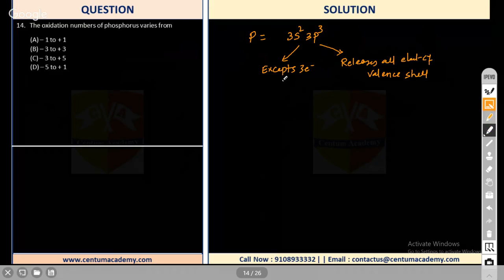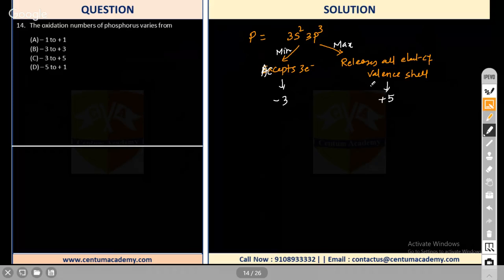Minimum will be when it accepts 3 electrons, since it requires only 3 to gain an octet. So -3 will be minimum and maximum will be +5. This you can easily say from the electronic configuration.